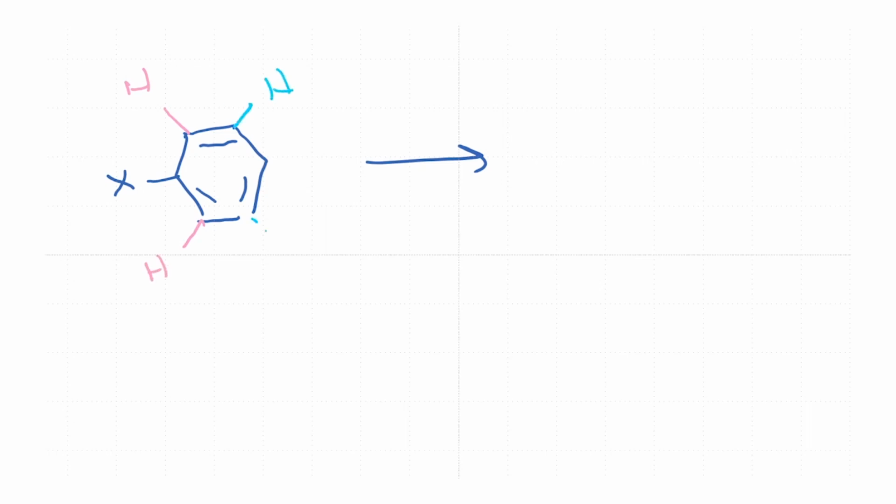Okay, so what I mean by directing ability is, when you have a substituent X here, and if I just look at statistics, then the ortho position as shown here has two hydrogens, and therefore there are two substitutions that are possible. Also, meta has two substitutions, whereas para has only one substituent.